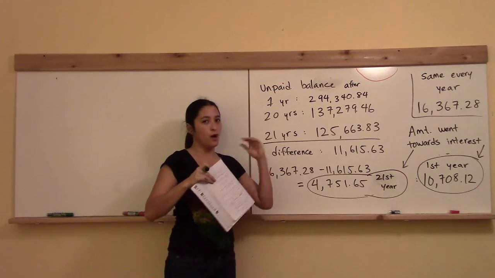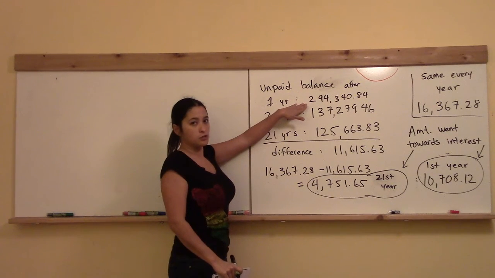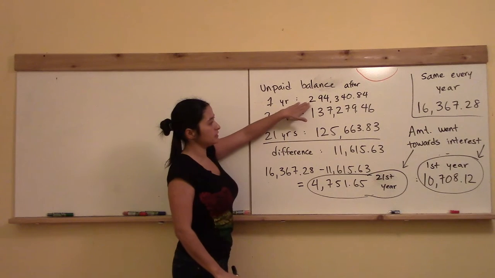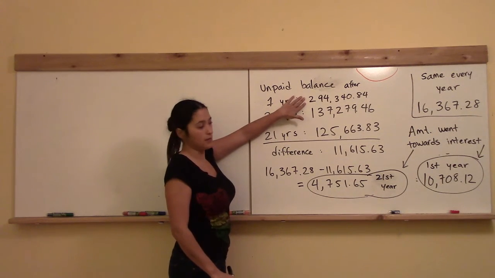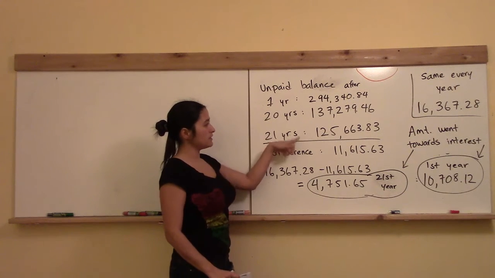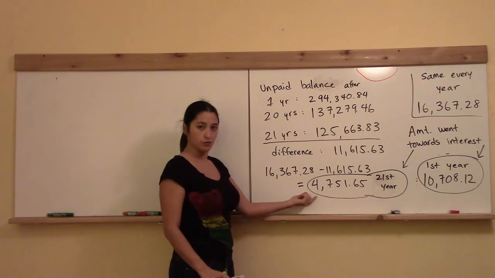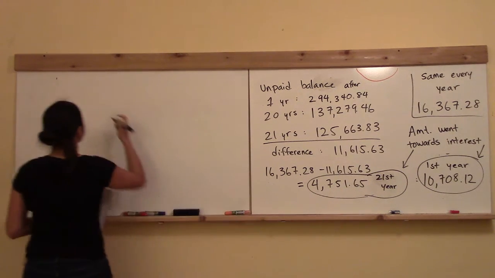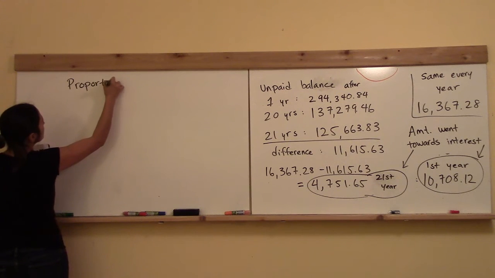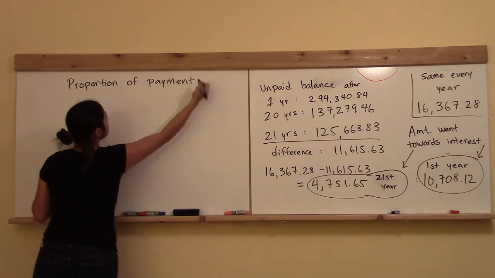Okay, so after 1 year, she still has almost $300,000 to pay. And when they calculate how much interest they're going to charge, they calculate it as a proportion of the unpaid balance. That's why it came out so high. But then later, when the unpaid balance is much lower, the amount of interest that they're allowed to charge is much lower.